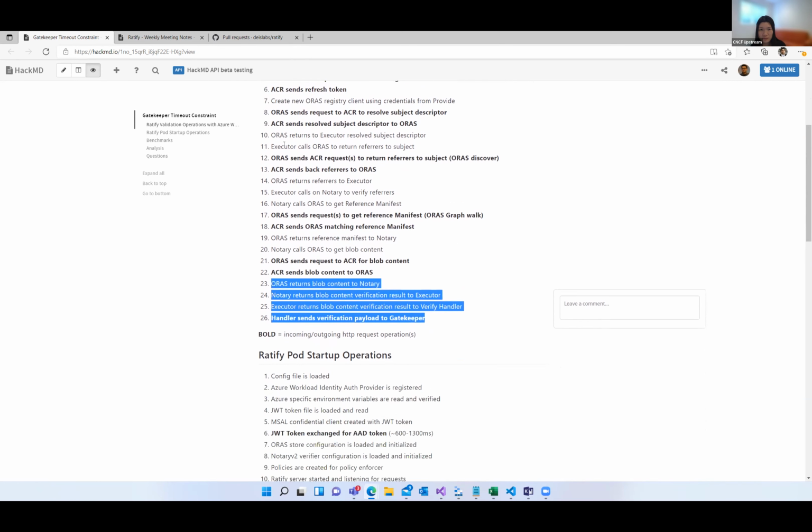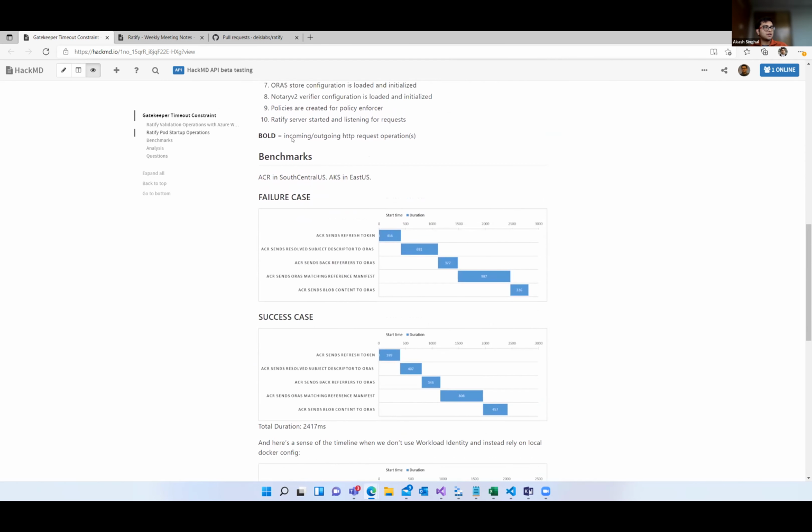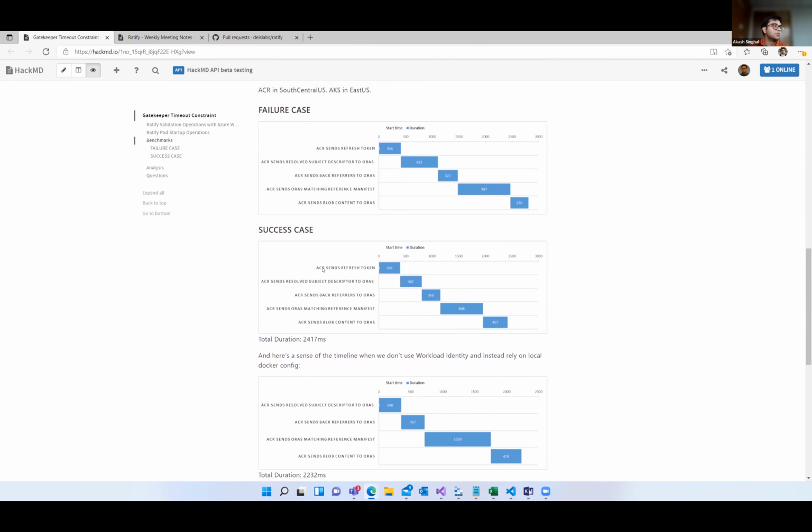Now, breaking down what is taking the longest, we can see a sample failure and success case of these operations. Starting with the success case, the first heavy operation is requesting ACR to get the refresh token, which we can then use as the password and send that credential over to ORAS.